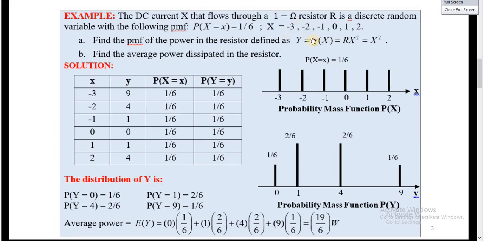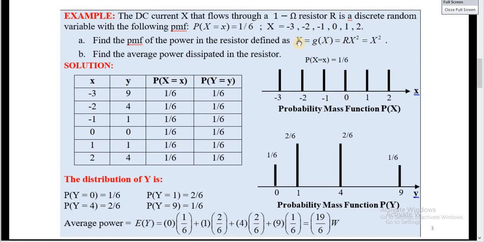Now, since R equal 1 ohm, we have this relationship between the power and the current. The power P equal I square R. We have replaced I, the current, by x square, and R equal 1.